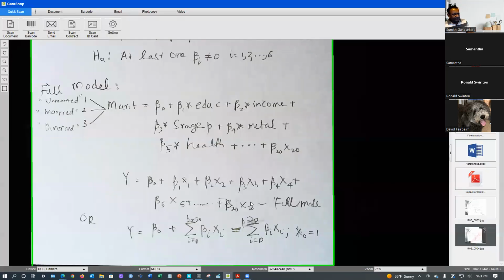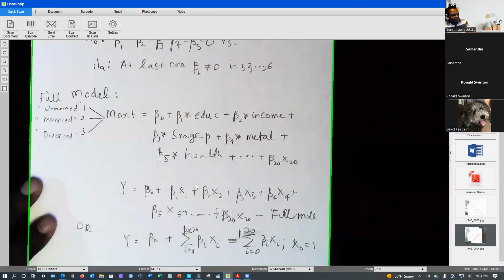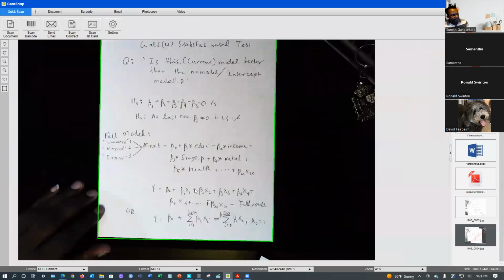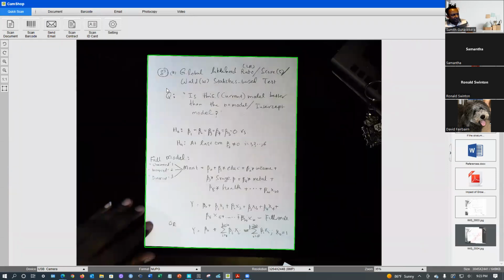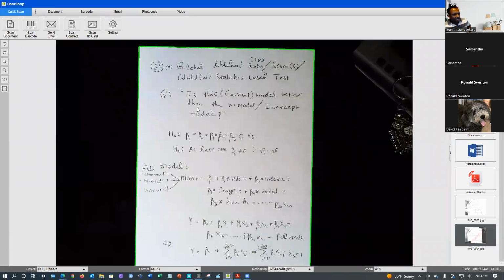So look at number 8: global likelihood ratio, score, or Wald, the global test. We were talking about the 3 types of tests. Of those 3, it's going to be the second test we talked about yesterday, but we're going to talk about that in detail again.